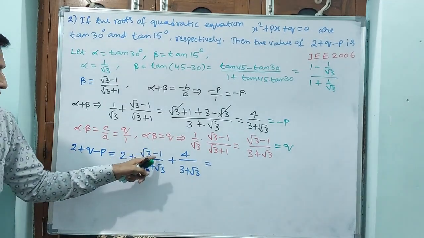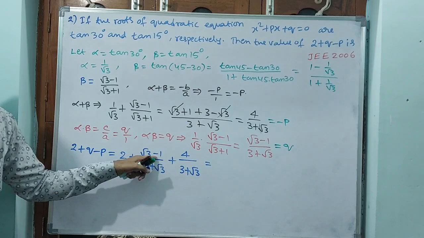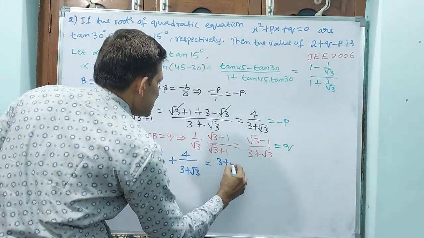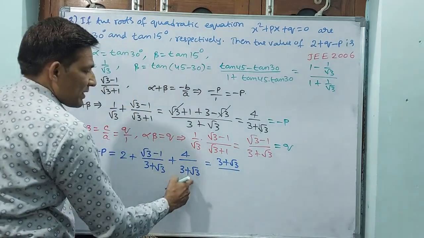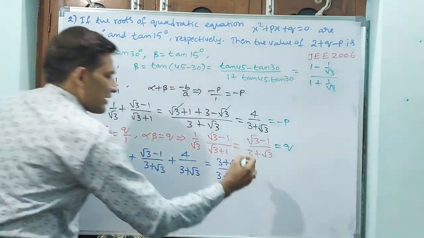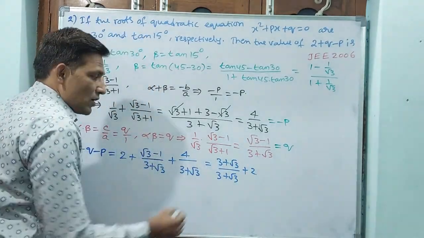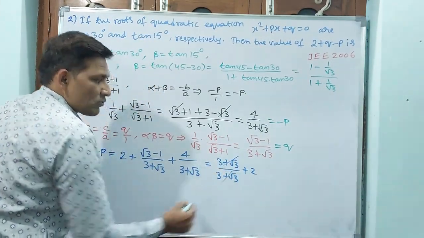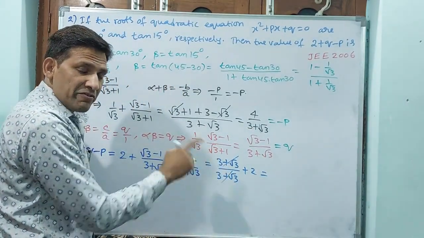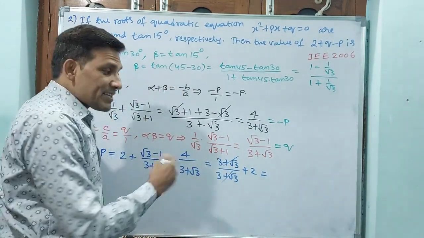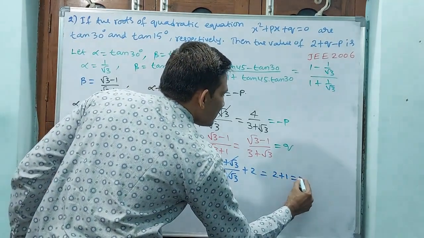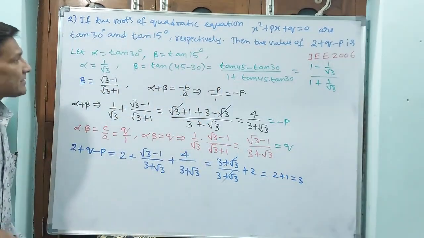Okay, 4 minus 1, 3, 3 plus root 3 by denominator also 3 plus root 3. Now this is plus only, you can write here also. Okay, see, 3 by 3 plus root 3, 3 plus root 3 going to get cancelled. That is equal to, cancellation means here is division, cancellation gives 1. Addition cancellation gives 0. Okay, that means 2 plus 1 that is equal to 3. This is the answer for this question.